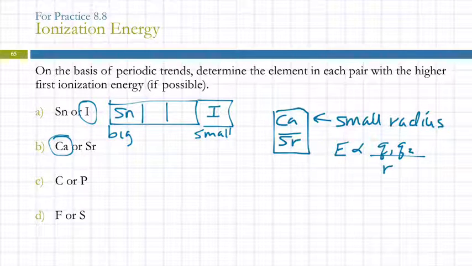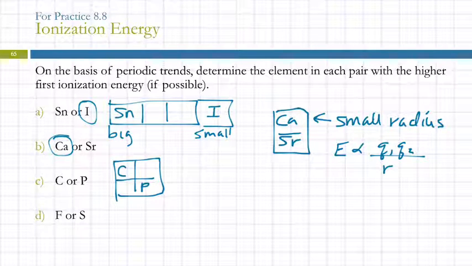Carbon or phosphorus? Well, there's carbon, here's phosphorus. Carbon's smaller or larger than phosphorus? You can't really tell, right?